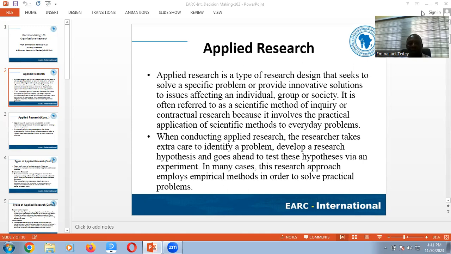When conducting applied research, the researcher takes extra care to identify a problem, develop a research hypothesis, and goes ahead to test this hypothesis via an experiment. In many cases, this research approach employs an empirical method in order to solve practical problems.